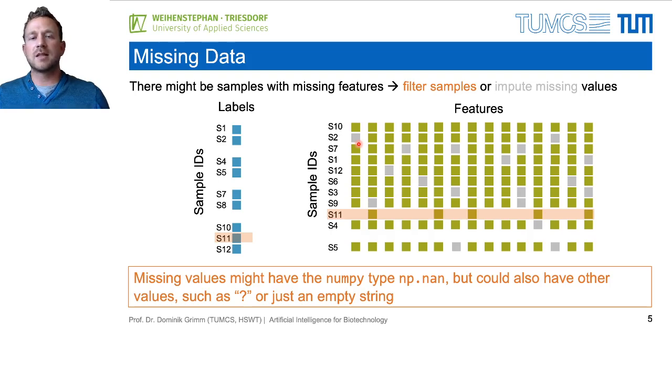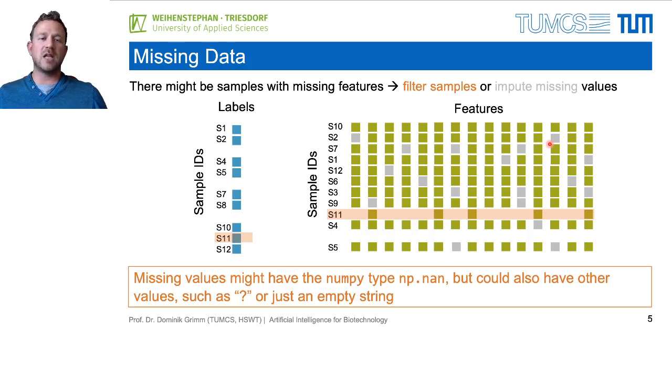Or in other datasets, for example if we would like to recommend which movies a specific person likes, it might be that we haven't measured specific movies, or that we haven't stored specific information for these people.